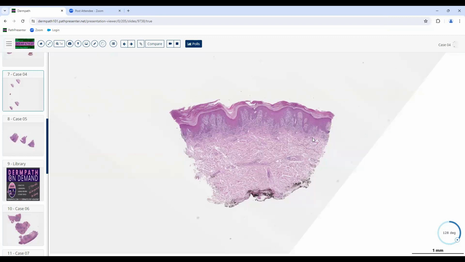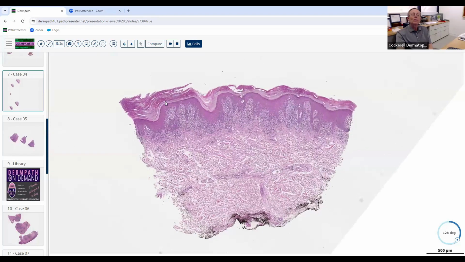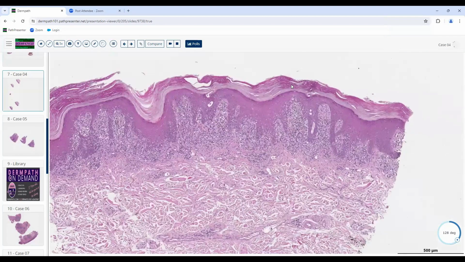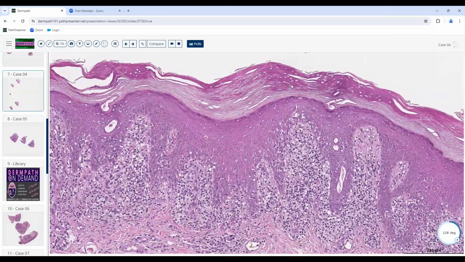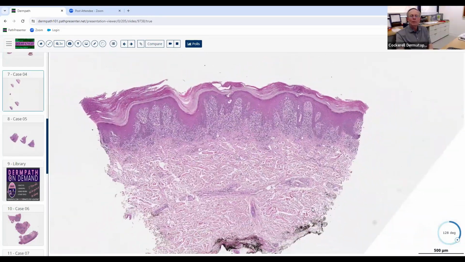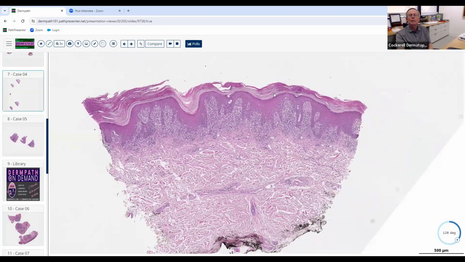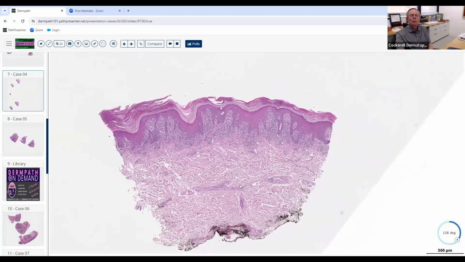I thought it was pretty normal. Is that normal? I guess if it's palm or sole, maybe it could be. Yeah, I was thinking it was palm or sole. I was thinking about it from the trunk, and then maybe they're rubbing it, or it's got some parakeratosis a little bit, but it could be normal if it's palm or sole.